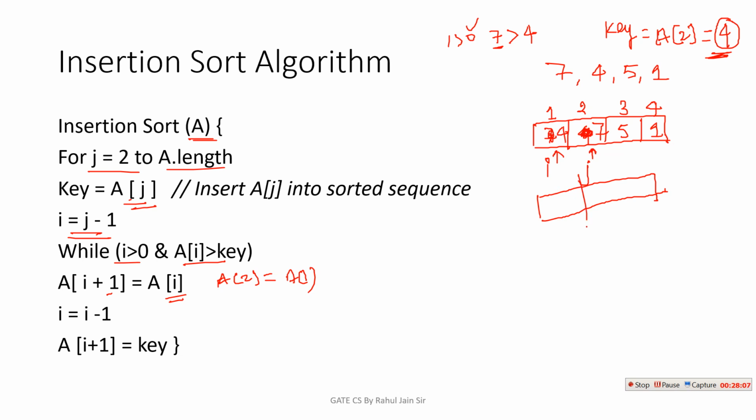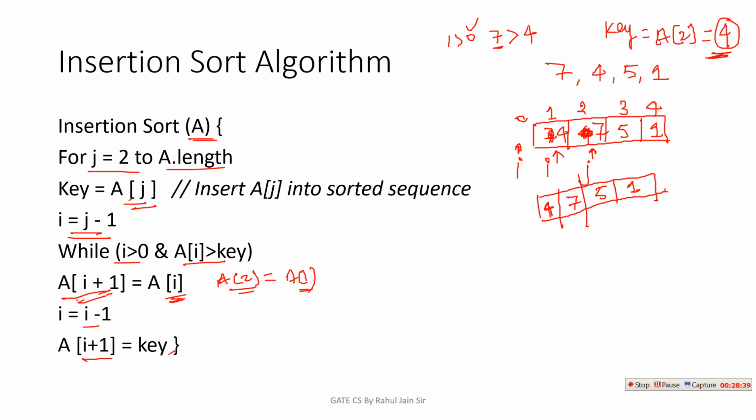So these two are sorted now. 4 should be here, 7 should be here, right? 5 would remain itself here, and 1 would remain itself here. Means 4 is here because we are replacing A of i plus 1 equals A of i, A of 2 equals A of 1 here. Okay. And if I do i equals i minus 1, then I will get my i pointing at index 0, meaning nothing is there.